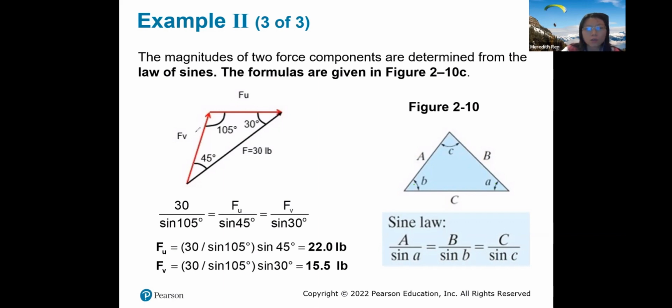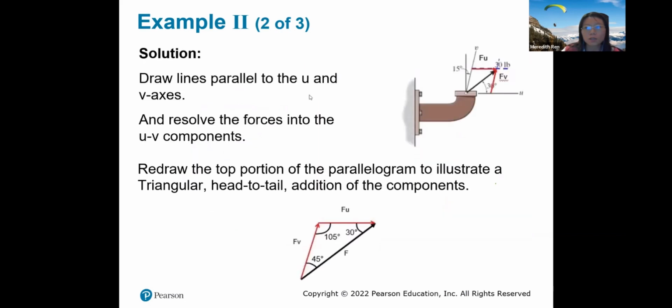And for the triangle that we just broke down for our U component and V component, we know all the angles. We already figured out all the angles. We can do all the sines: sine 105, sine 45, and sine 30, okay? And then the magnitude of the side, we know that the force being applied is 30 pounds, okay?